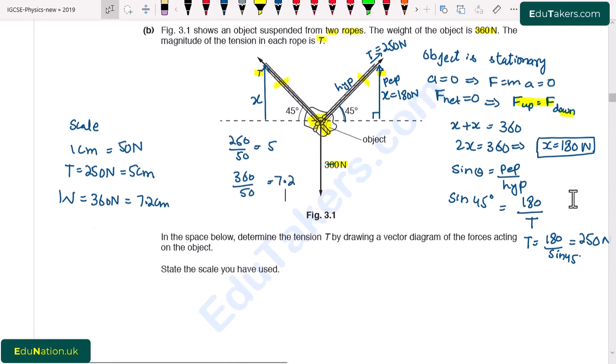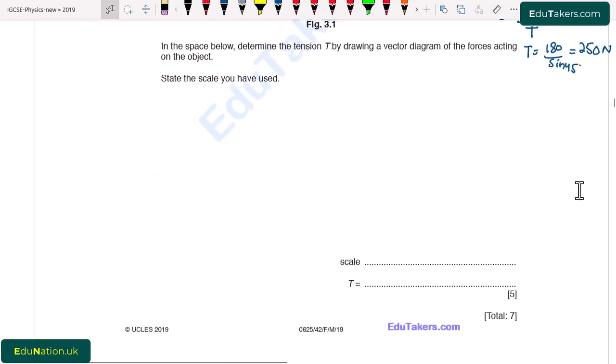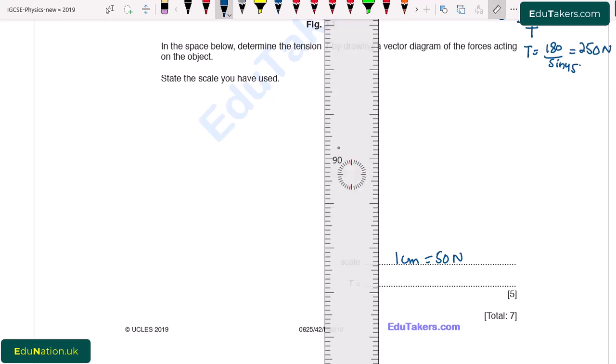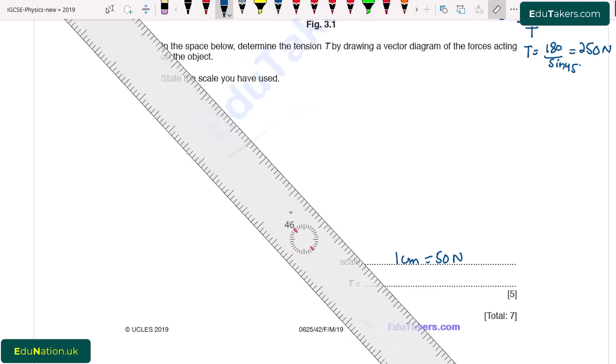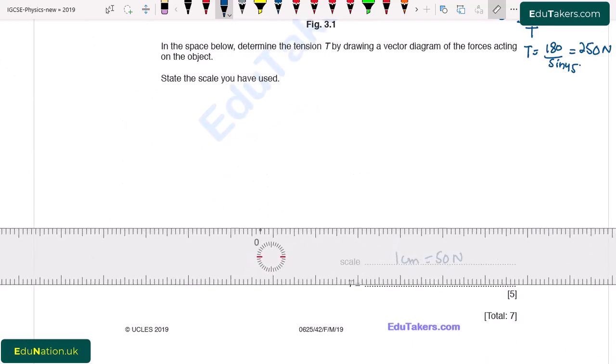I write here in scale that 1 centimeter is equal to 50 Newtons. Now I am going to draw the diagram, that is a parallelogram. So first of all I draw a straight line.